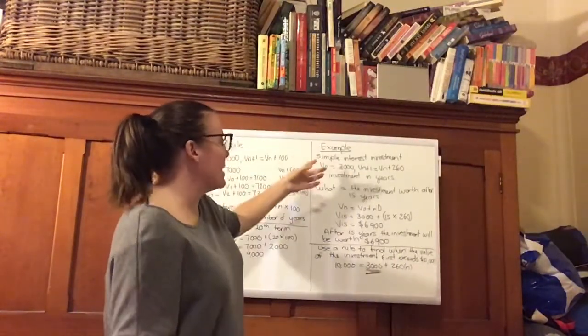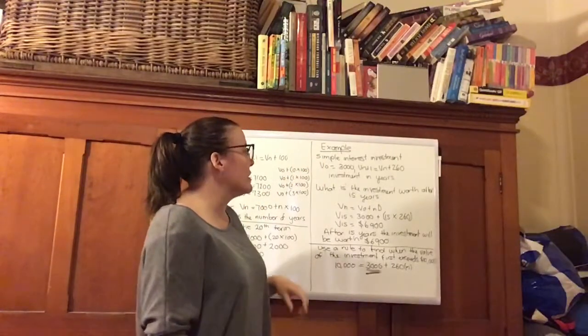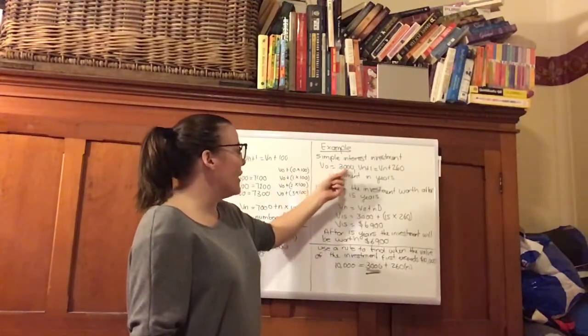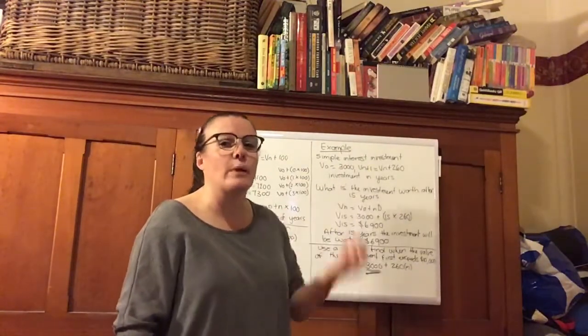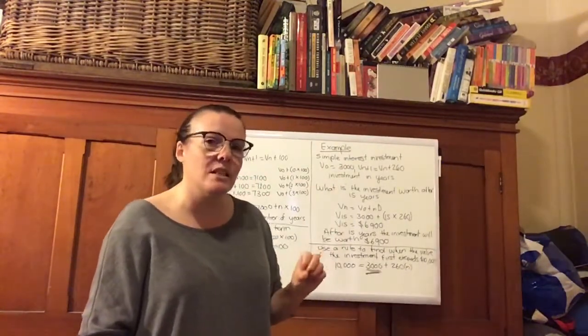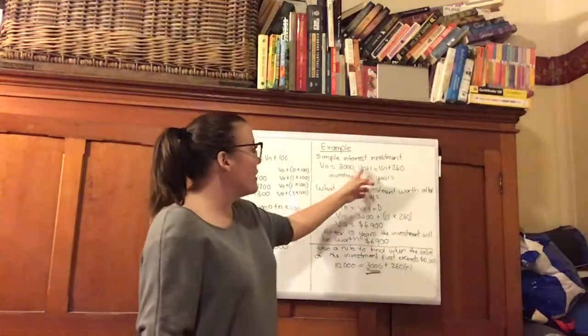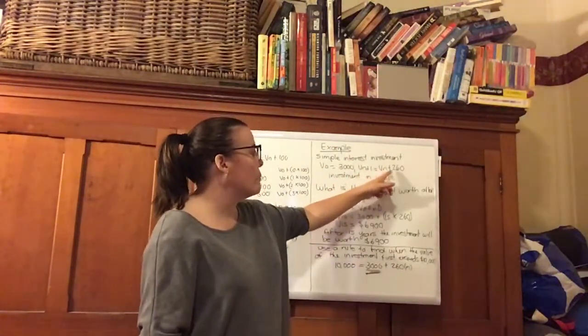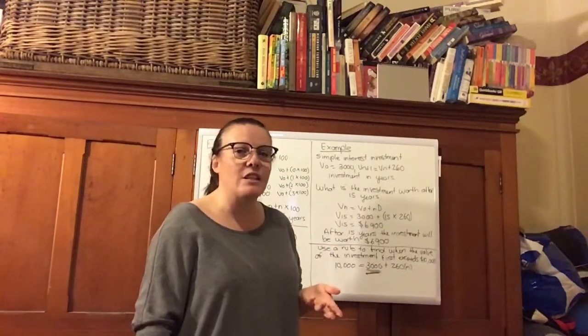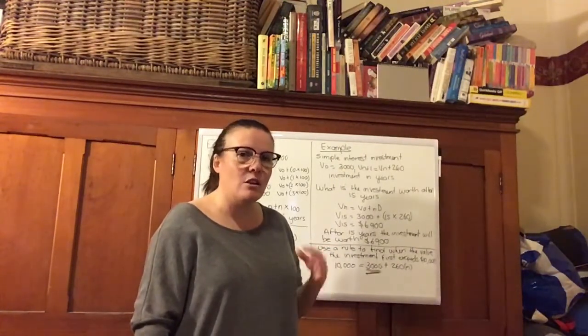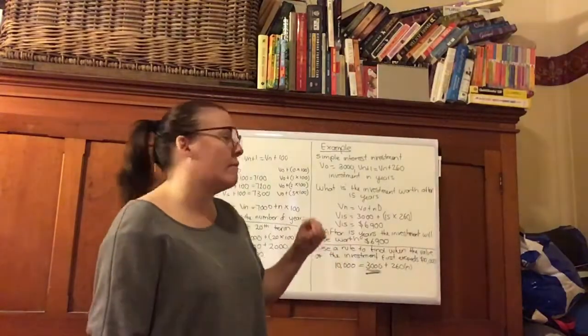Okay, another example is if we have a simple interest investment. So we have V0 equal to 3,000. That tells you straight away that $3,000 was invested into the bank. Vn+1 is equal to Vn plus 260. That tells us that at the end of each year, $260 is going to be added to this investment.